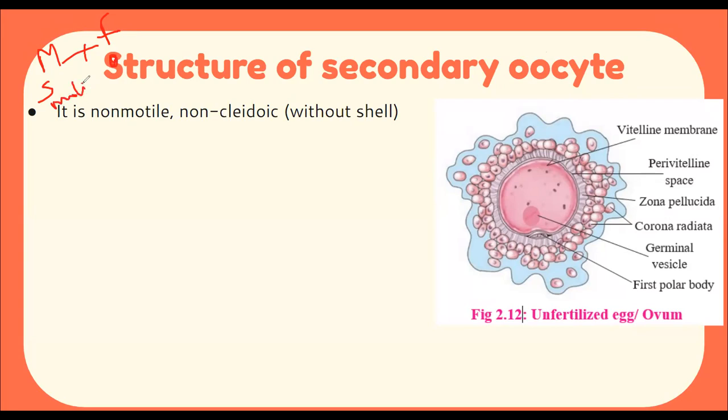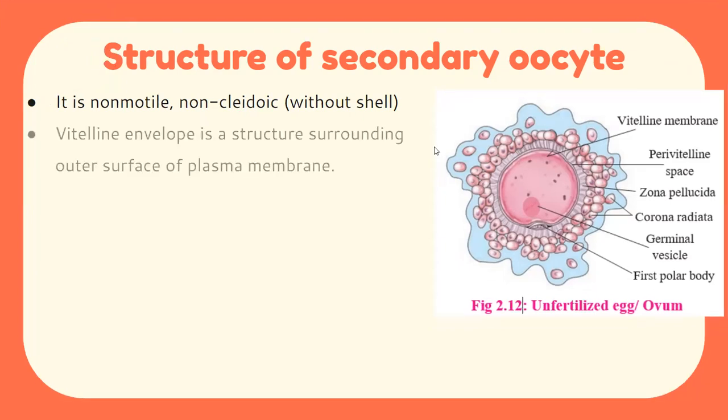It is moving, and the egg is non-motile, and it is without any shell. Generally we understand that an egg will have a shell or a protective hard covering, but in the human female there is no shell, so it is non-cleidoic. Okay, so this is the first characteristic of the secondary oocyte.